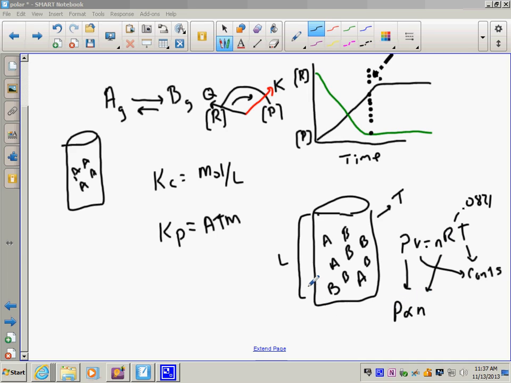As long as the volume is constant, the individual pressure of B is solely linked to the number of B's. Same thing for A. So we're tracking the individual pressure of that individual substance.